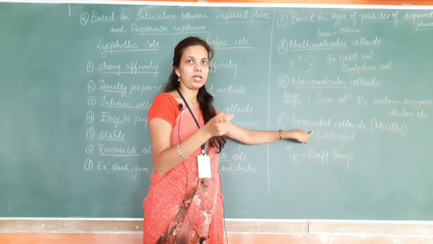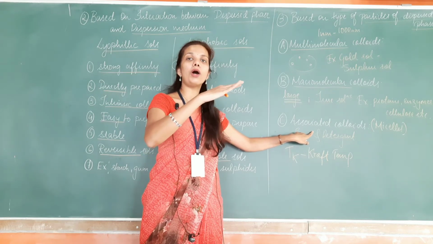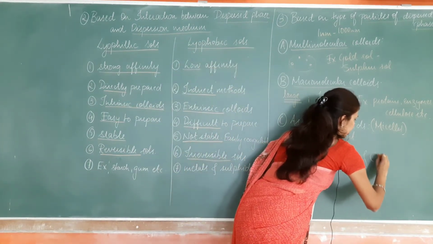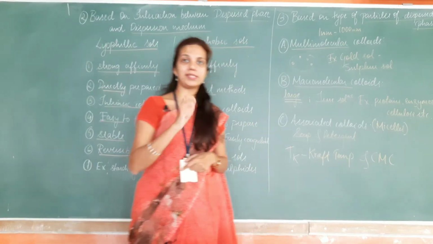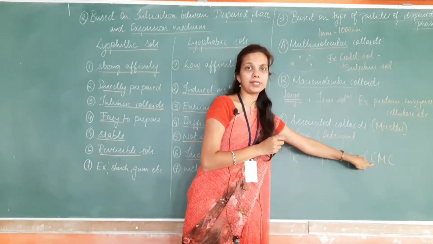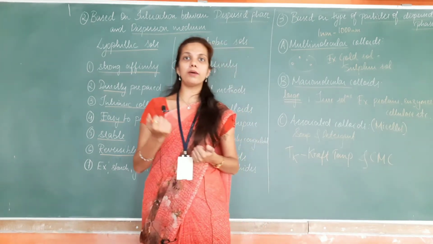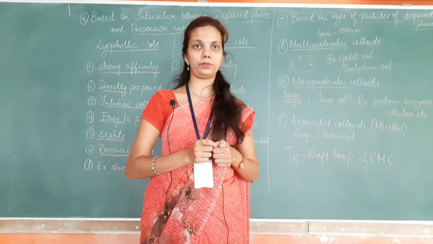Also, associated colloids are formed at a particular concentration or above it, and that concentration is called CMC, the critical micelle concentration. Further, we will check the mechanism of micelle formation.